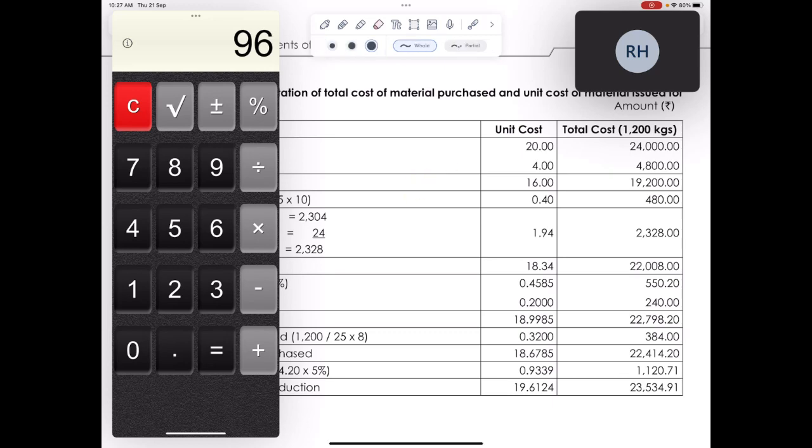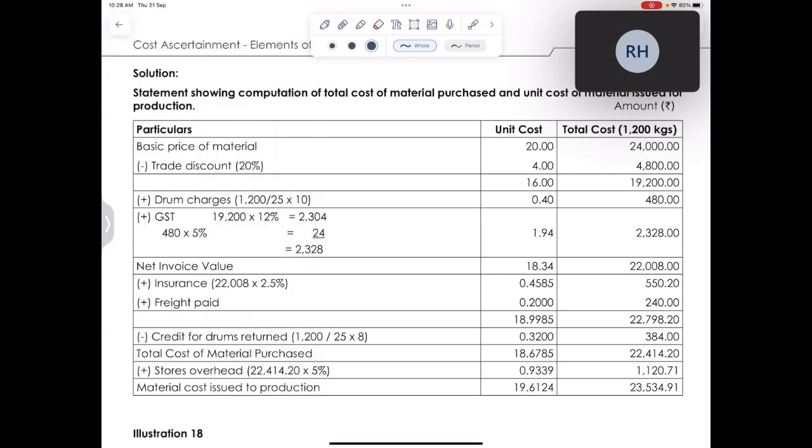So this is one way, 480 minus 384. Another way is, for every drum you require 2 rupee. So 96 rupee is the final amount of container. Okay, let's go.